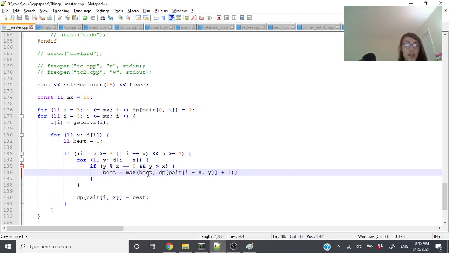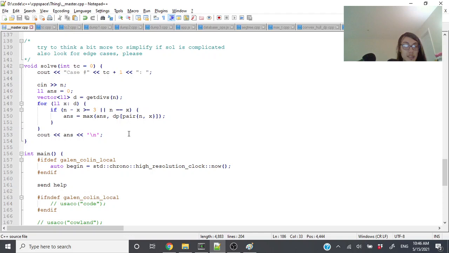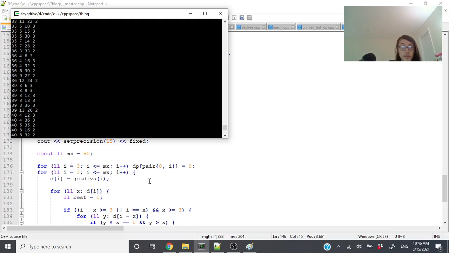So, for y in the divisors of the previous number, if that is a multiple of this number, and that number is greater than this number, so it has to be not the same number, then set best to the maximum of best and the DP state for that. Then we set the DP state for this. And here we simply consider all of it. So actually this can be 1 because it doesn't hurt that much.